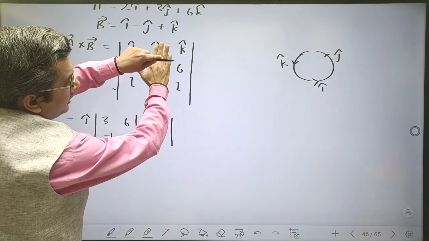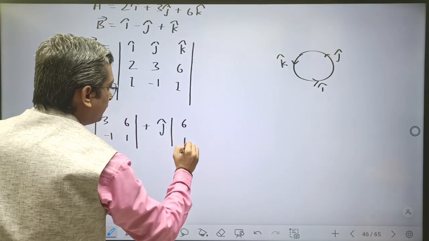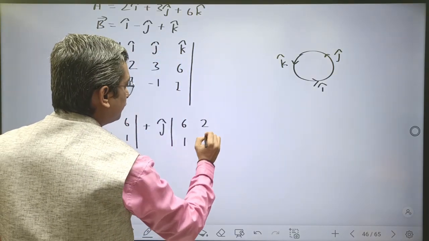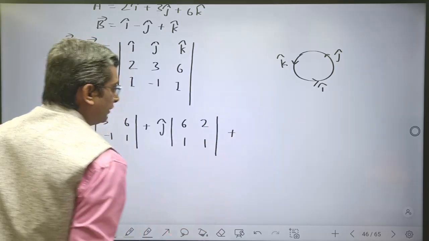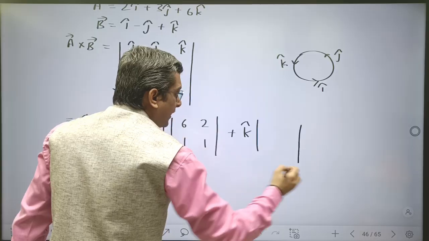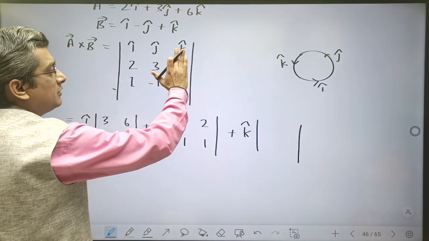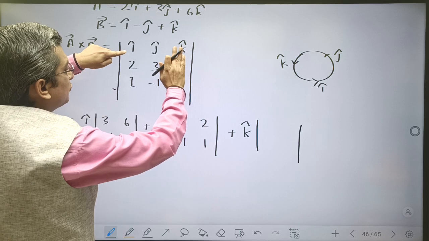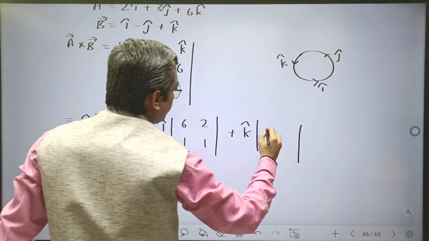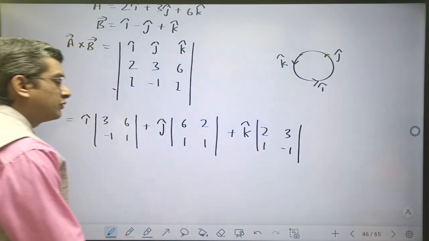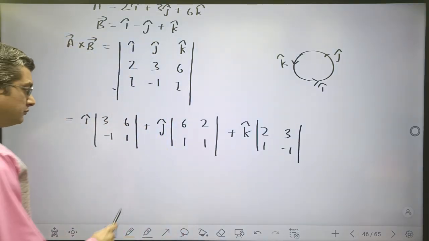So write first the elements of K here, 6, 1, and then after K, I comes, so write the elements 2, 1. Then while writing elements for K, hide the element corresponding to K, and after K comes I, isn't it? So write its elements 2, 1, and this is 3, -1. So this is the very first step.